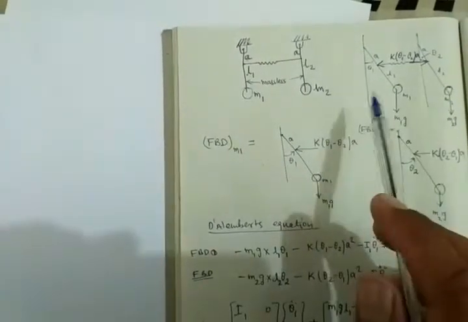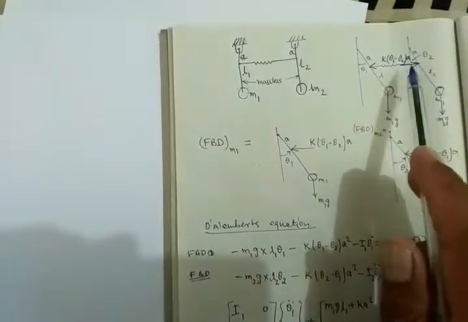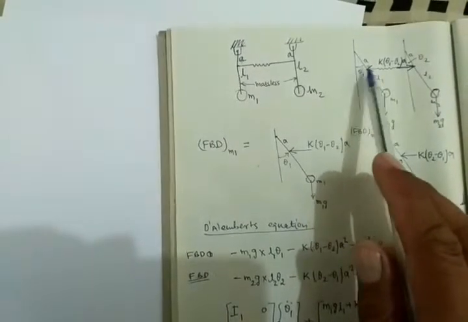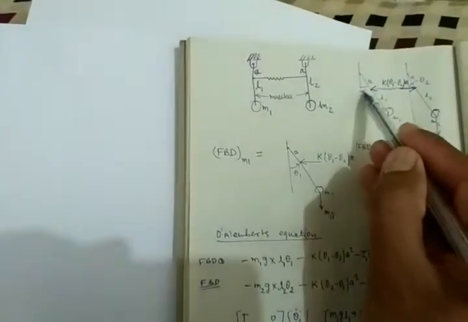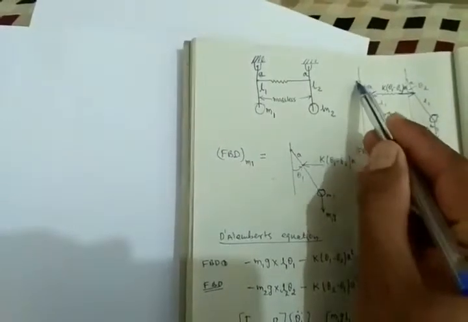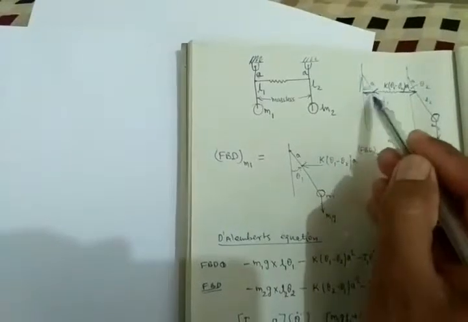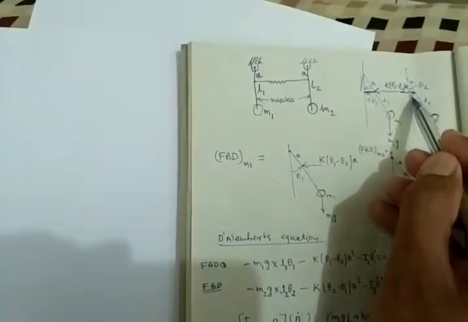So we have to take the relative displacement, that is this displacement minus this displacement. How much is this displacement? This distance is a and this angle is theta 1, so this displacement is a theta 1. Similarly, this is a theta 2.